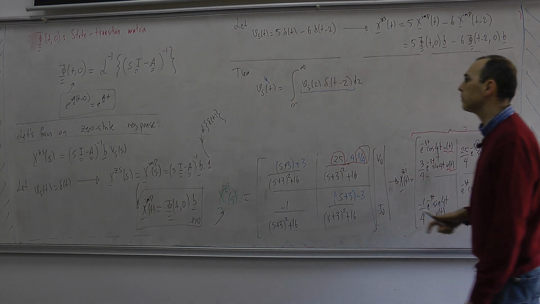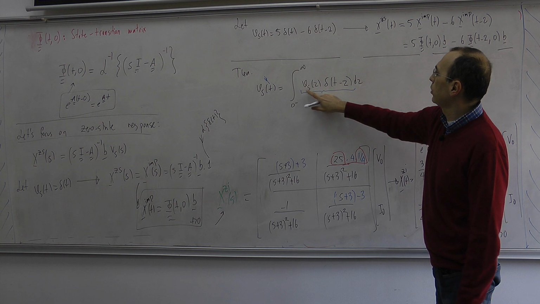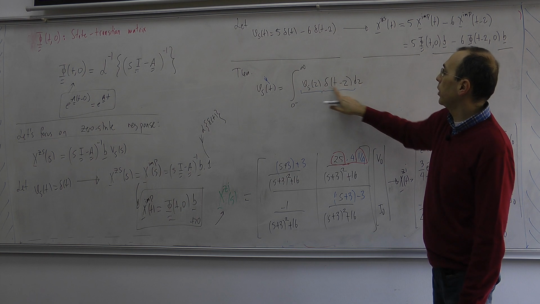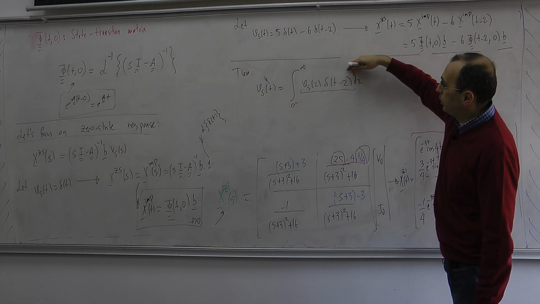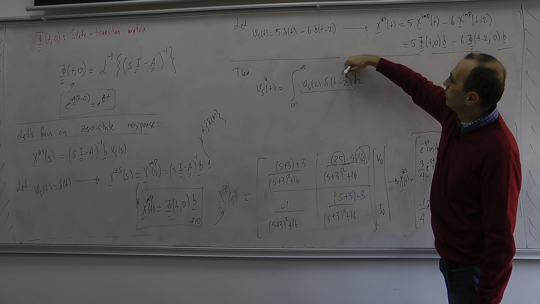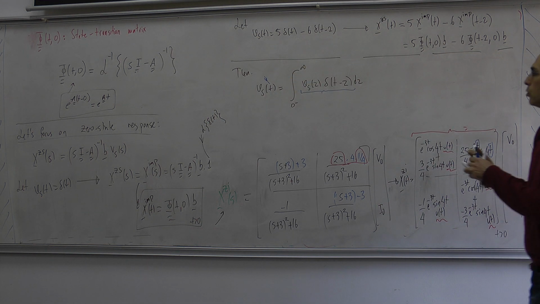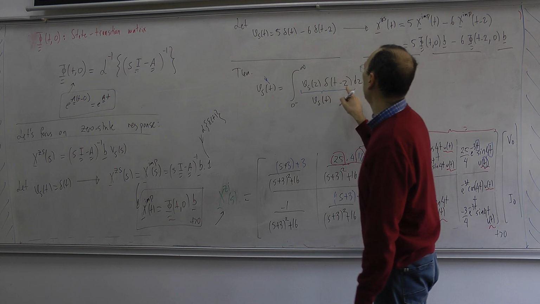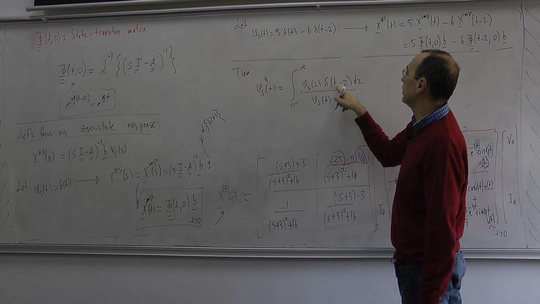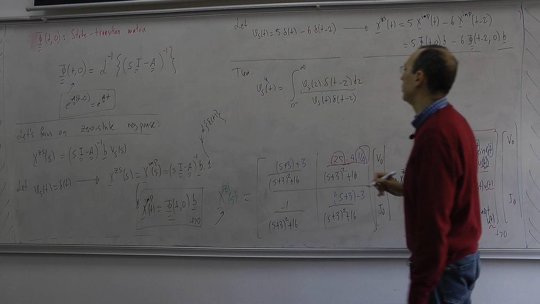Now, this product, as tau changes, because t is fixed, as I have said, is equal to 0 unless this tau is equal to this already fixed quantity. So this would be equal to then, at this time where the impulse is located, when tau is equal to t, equal to this.